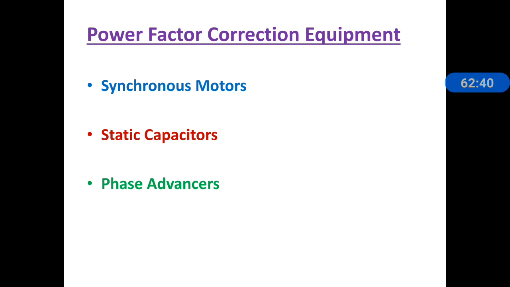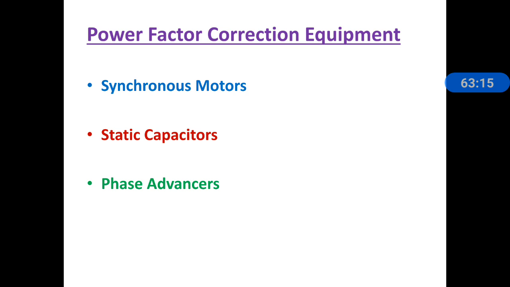So suppose we connect a parallel capacitor, the capacitor current and the lagging load current cancel each other, so the net current is very nearer to zero phase difference, so the power factor is improved. In motors or fans, or any induction motor, a capacitor is connected to improve the power factor.